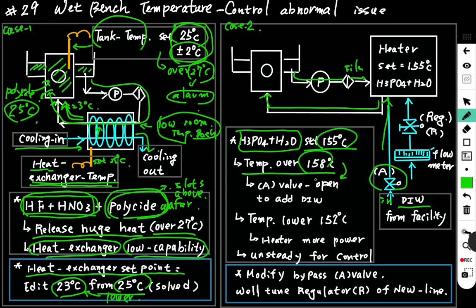So temperature over 158, the A valve opens automatically and adds DI water. And temperature lower than 152, the heater will increase its power, use more power to heat the chemical.